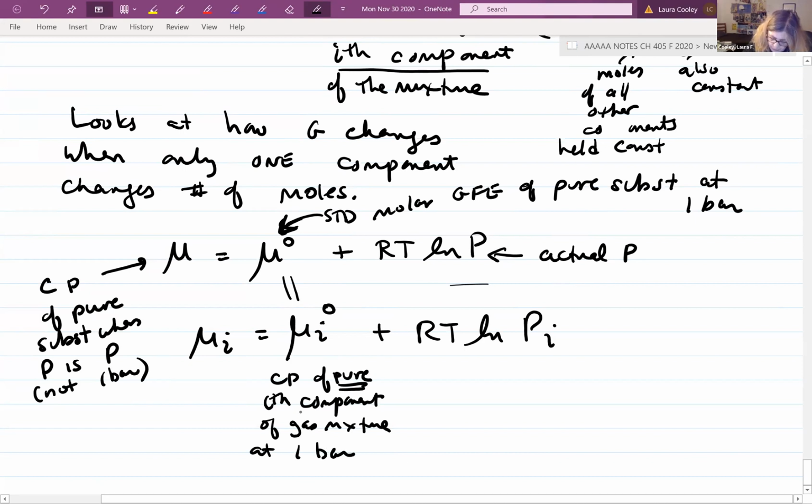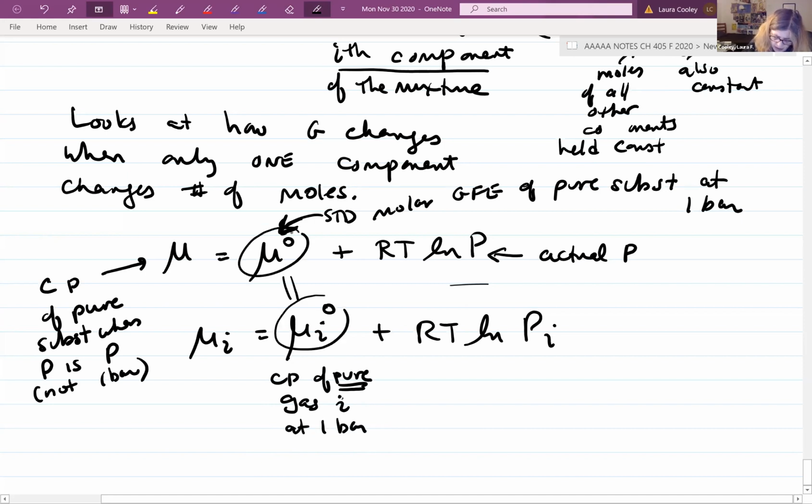So it's as if you had just that ith component, the chemical potential of pure i. Let me just call it pure i. Pure gas i at 1 bar. So this and this are the same. They're both 1 bar, that's a standard pressure. Okay, so these two are the same.